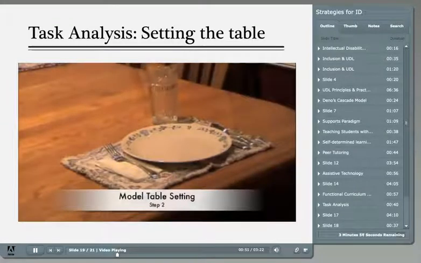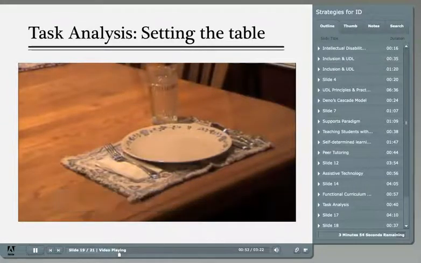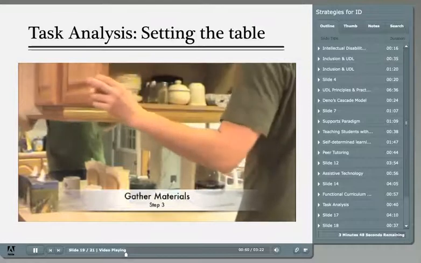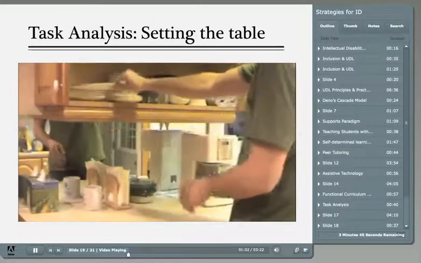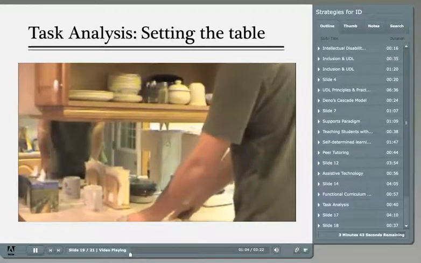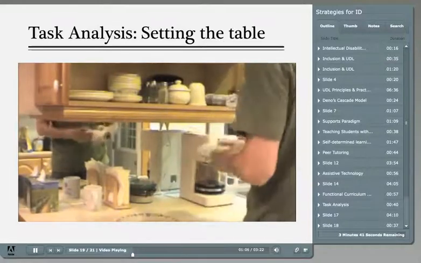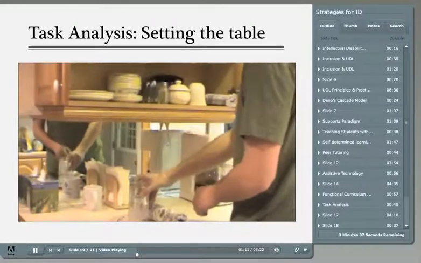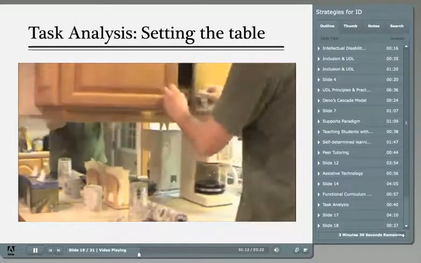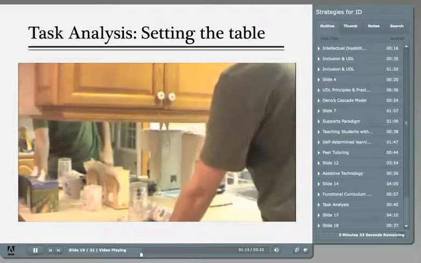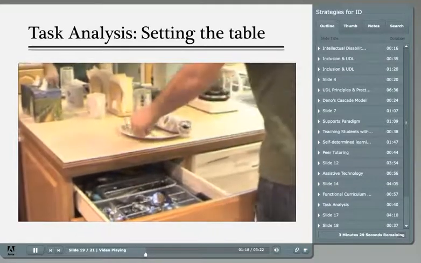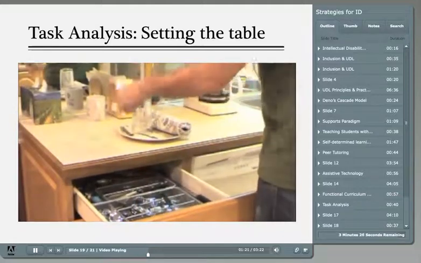Step 2. Here you can see a model of a place setting that you will soon create. Step 3. Gather all needed materials to set a proper place setting. Materials needed: 1 plate, 1 glass, 1 fork, 1 spoon, 1 knife, non-sharp, 1 napkin, and 1 placemat.